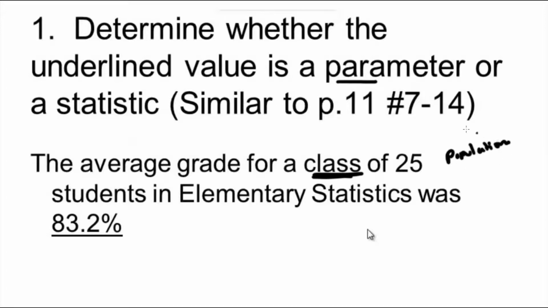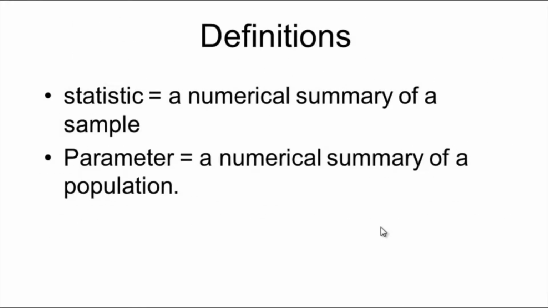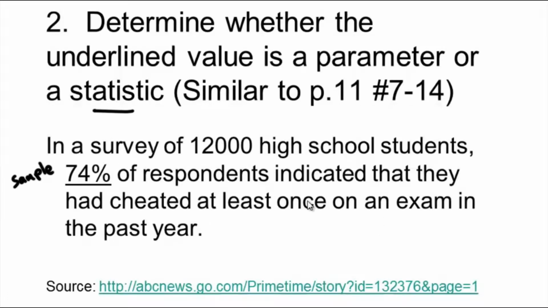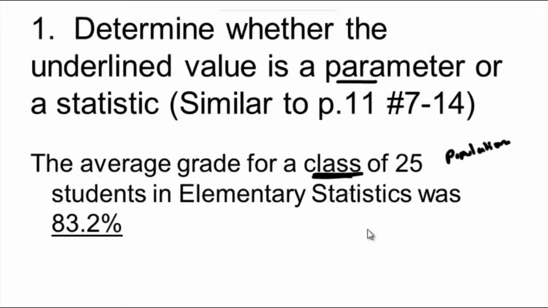When it's a population, it's a parameter, because a numerical summary of a population is a parameter, and a numerical summary of a sample is a statistic. The class is treated as a whole, so it's a population.